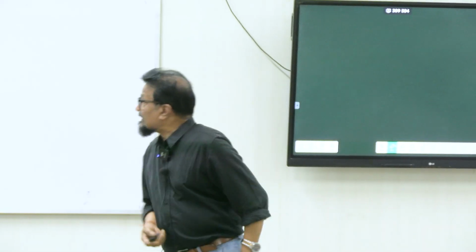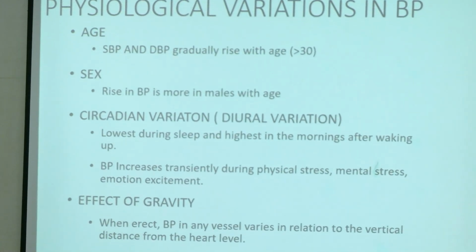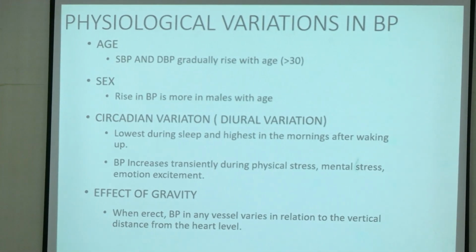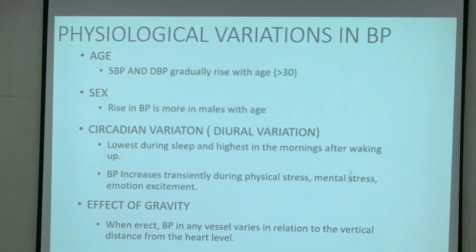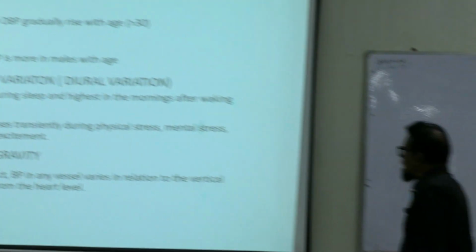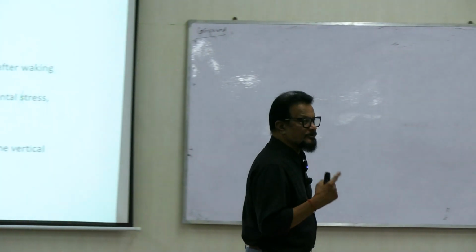Now we will discuss the variation. What are the physiological conditions in which pressure may vary? One is age. As the age advances, pressure also increases. Sex: in females, it is relatively less than in males. And circadian variation throughout the day. In 24 hours, blood pressure varies.